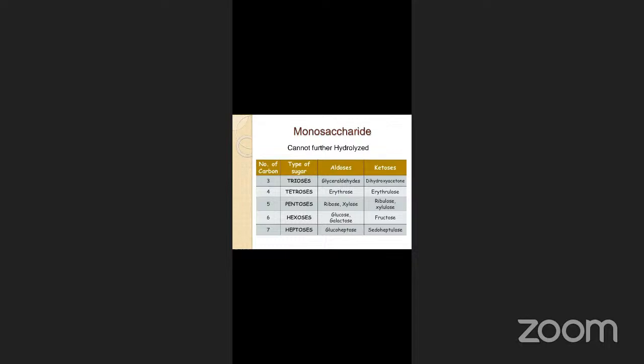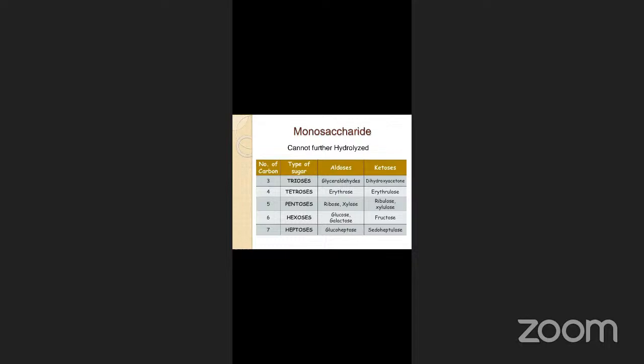But based on the number of carbons present, you have different types of monosaccharides. If you have 3 carbons, they are called trioses. Tri means 3. Then 4 carbons, tetroses, 5 pentoses, 6 hexoses, 7 heptoses.